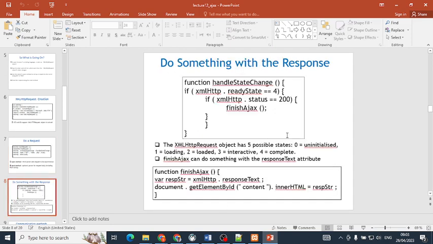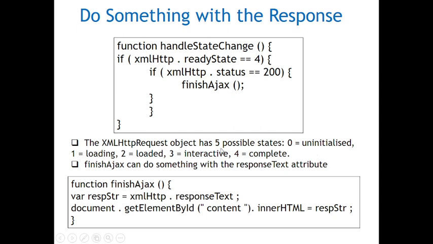Now next is the response. Every time you send a request to the server, the object will be in these possible states: 0, 1, 2, 3, 4. Once you receive the reply from the server, your ready state is 4, that is, it should be complete. And the status is 200, meaning finished loading.